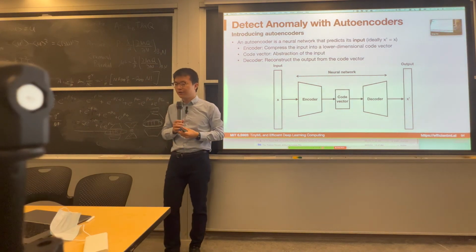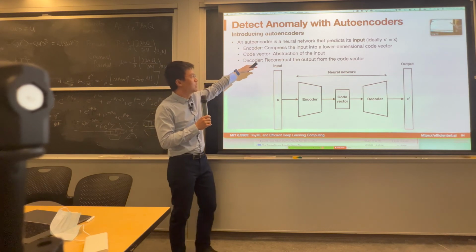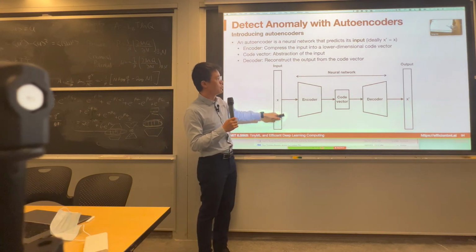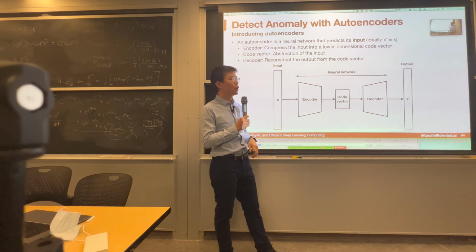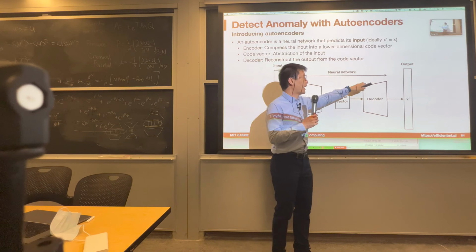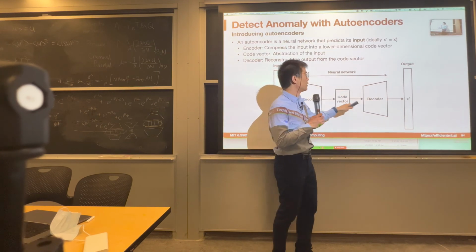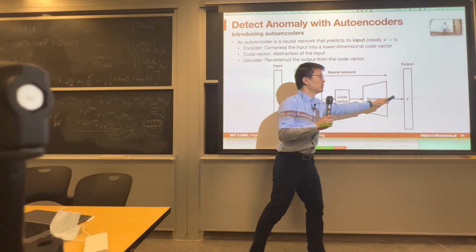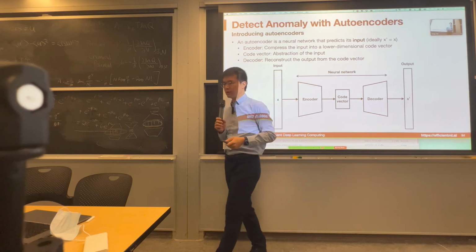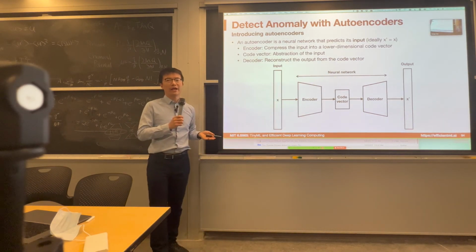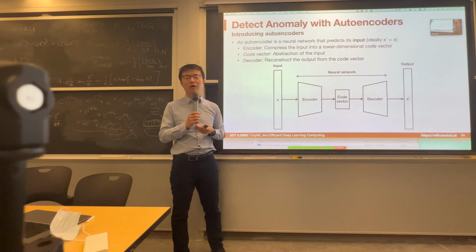So the basic idea for anomaly detection is using autoencoders, which is a neural network that encodes the input into a hidden space, into a low-dimensional code vector. Then you pass that through a couple of other FC layers, which is called a decoder, and we want to reconstruct the input at the output, and try to match the input with the output. Since for anomaly detection, we usually only have the normal data. We don't have the abnormal data.